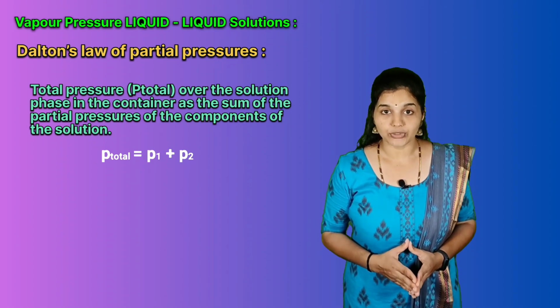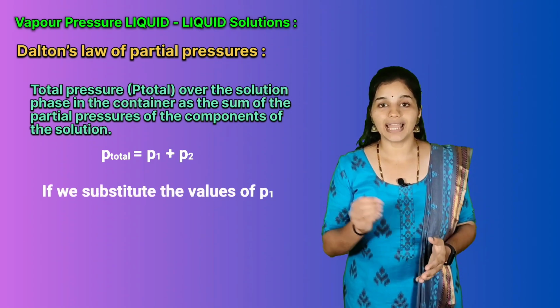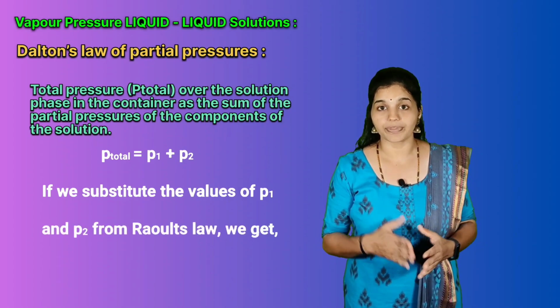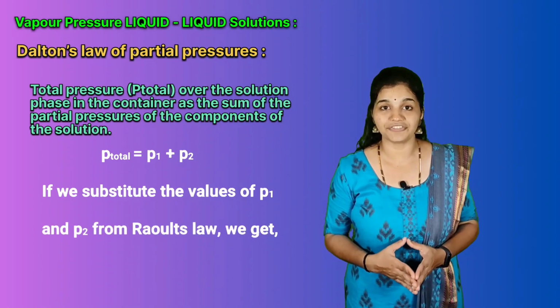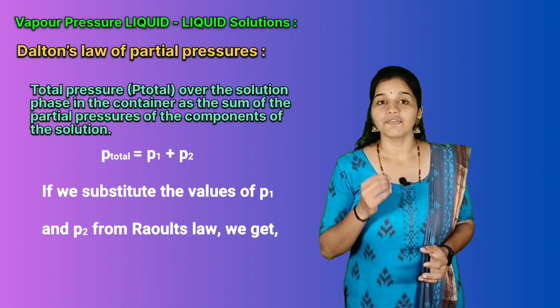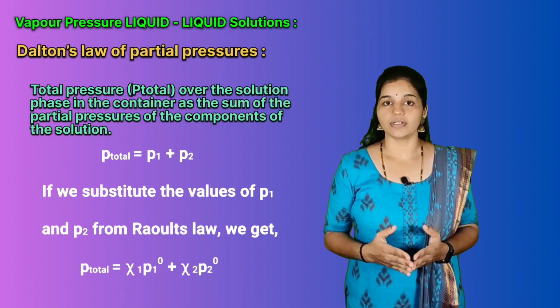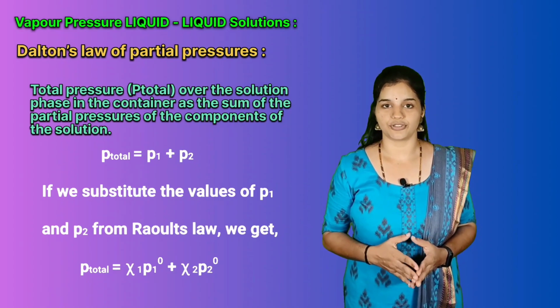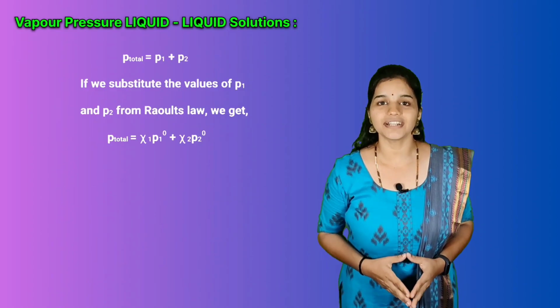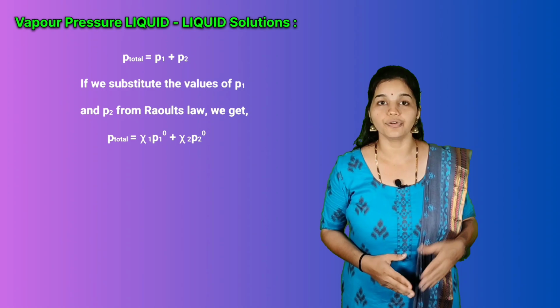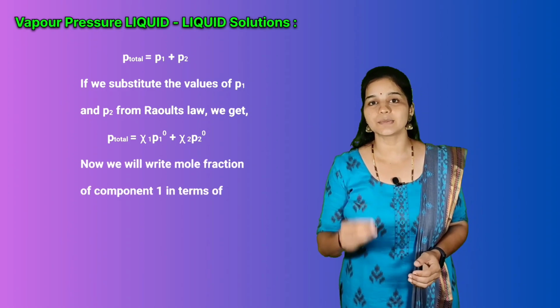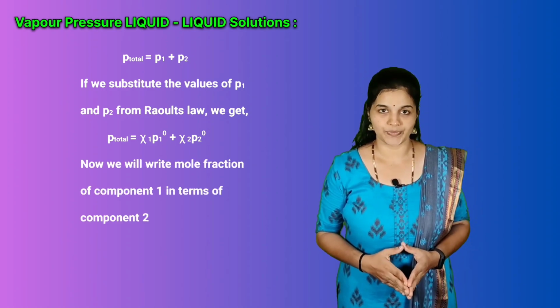If we substitute the values of P1 and P2 from Raoult's law into the equation obtained from Dalton's law, we get P total is equal to chi1 P1 naught plus chi2 P2 naught. Now we will write the mole fraction of component 1 in terms of component 2.